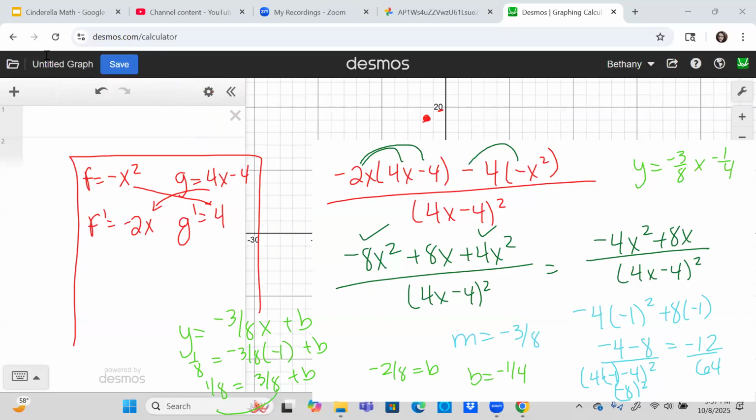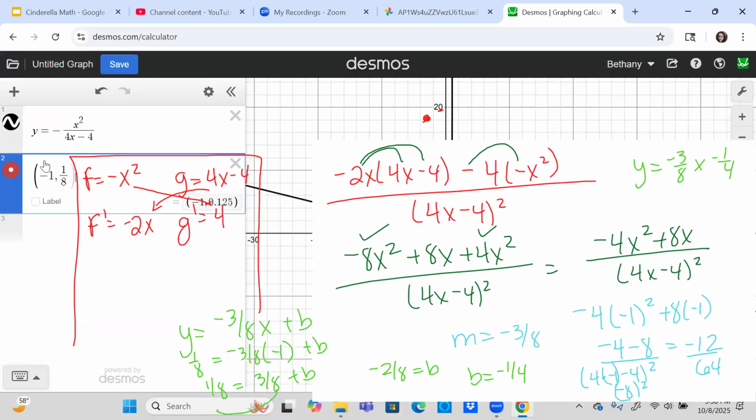I'm going to just look on my phone. The original question. That's why I saved this one for last. Should be able to get it though. The original thing was y equals negative x squared over 4x minus 4. The point of interest was negative 1, comma, an eighth.